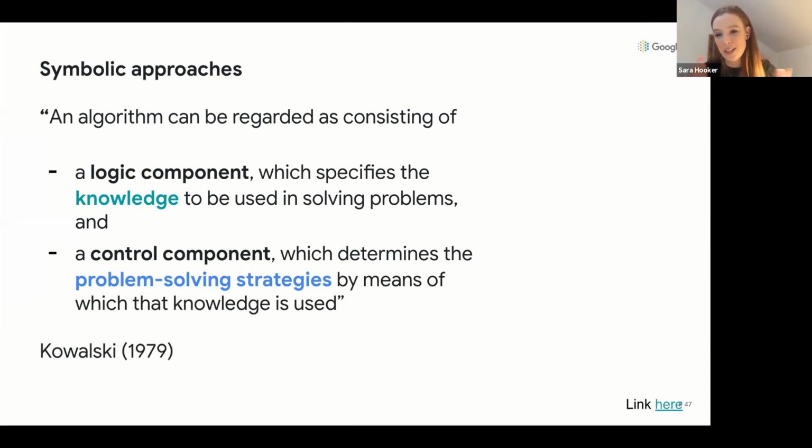Another subset task of symbolic approaches was search, which was also a big subfield of research. But these overarching approaches were characterized by consisting of a logic component, which specifies the knowledge to be used, as well as a control component, which determines the problem-solving strategies.